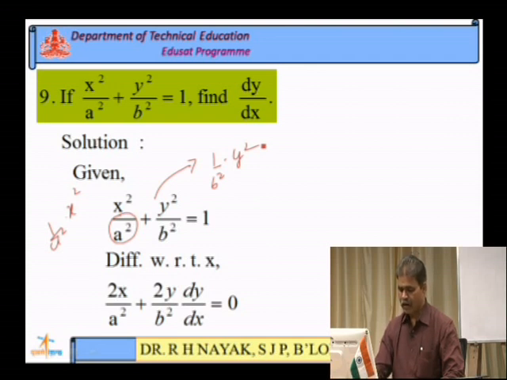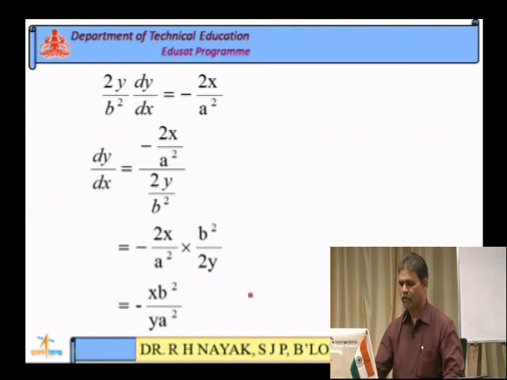Then you transfer this to the other side, it will become 2y by b square dy by dx is equal to minus 2x by a square. Then dy by dx is equal to minus 2x by a square, whole divided by 2y by b square.